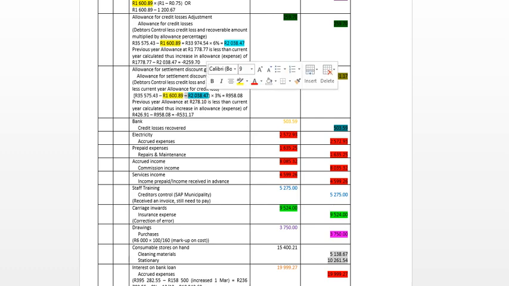And then we need to subtract our new allowance for credit losses, which we just determined. And then that value we need to maintain at 3%.